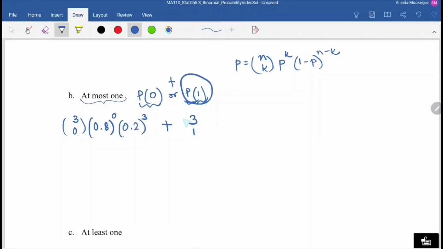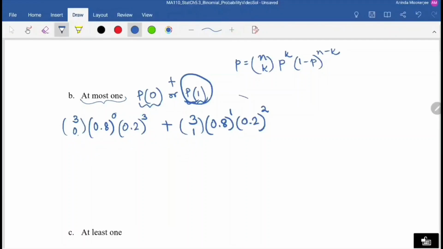So that would be 3 combination 1, and then 0.8 raised to the power 1 and 0.2 raised to the power 3 minus 1, n minus k, 3 minus 1 is a 2. Again, you can always cross-check, verify, add up the exponents and see if it's equal to whatever n is, 3.